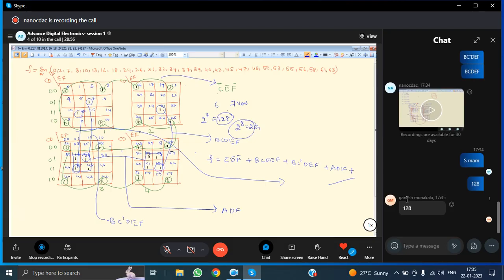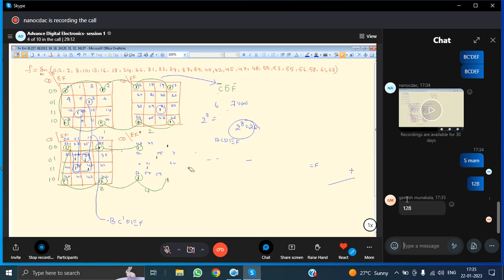So if the number of literals, the variables, keep on increasing, it is difficult to go with the K-map procedure.